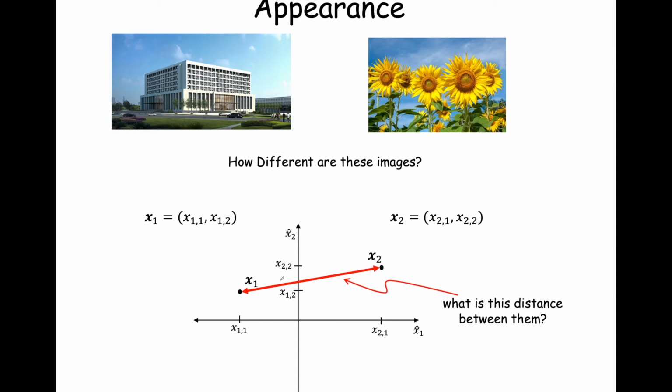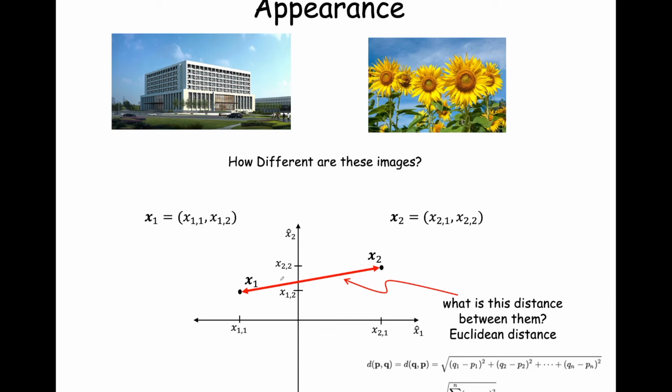The question we're really asking is, what is the distance between these points representing these images in two-dimensional feature space representation in this example? And so there are lots of things we can do. We can use the Euclidean distance. So we just take the difference between the vectors for each component, whether it's the x1 axis, x2 axis, and we can generalize that to d dimensions.